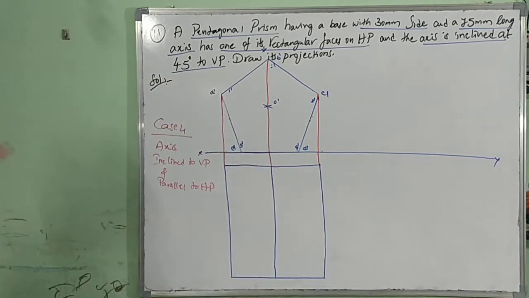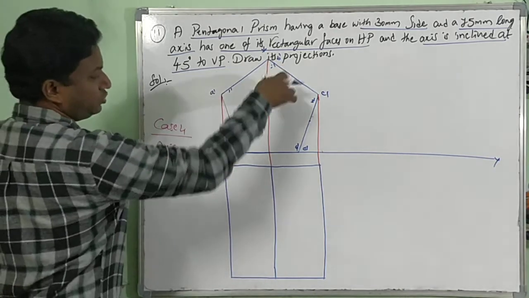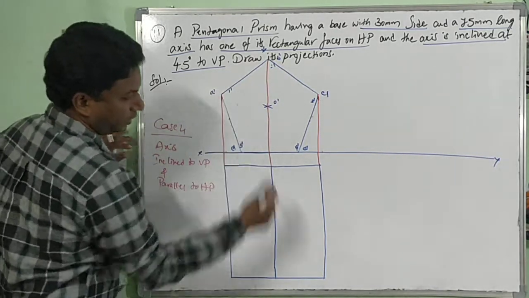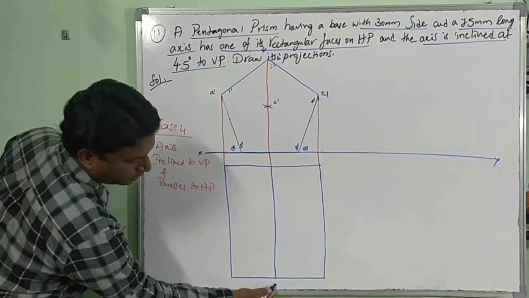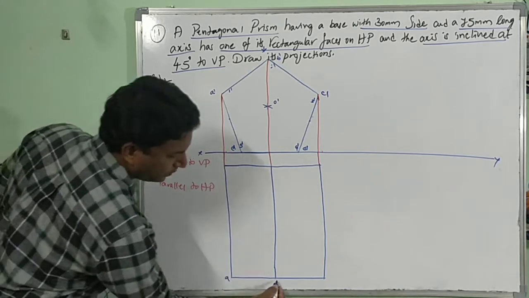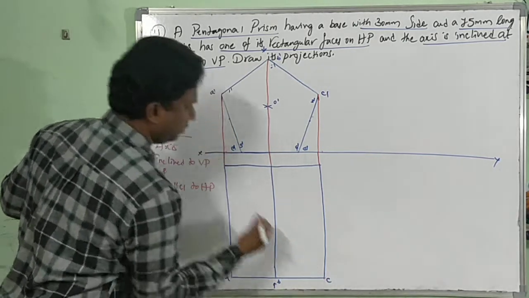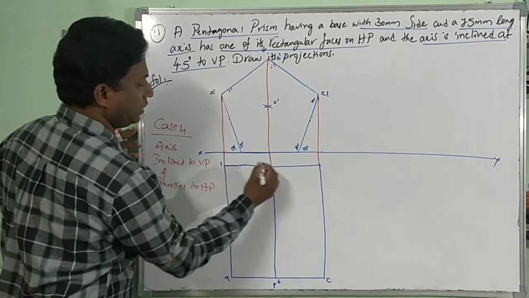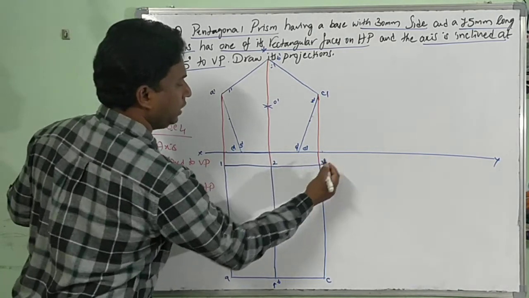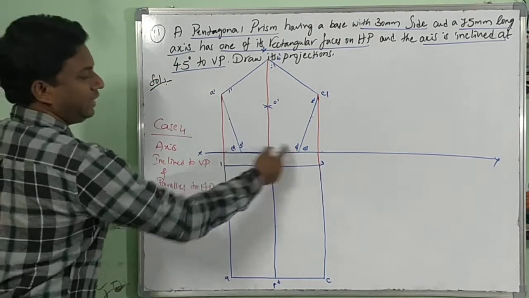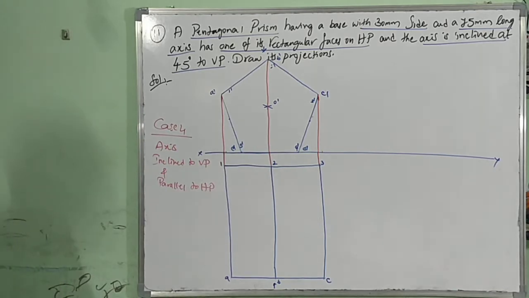Outside bases, nothing but here. When you look here, this becomes A, B, C, and this becomes 1, 2, 3. How about D and E, 4 and 5?